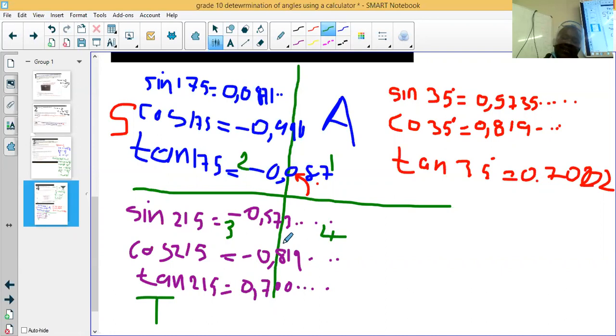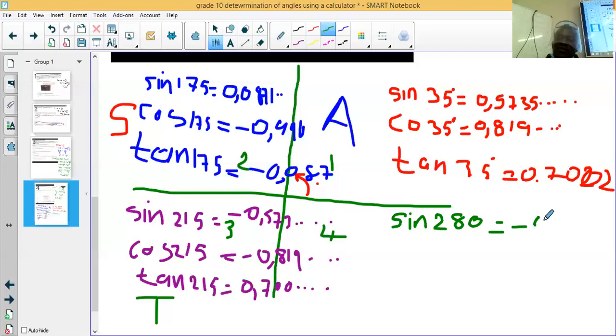I want an angle that is greater than 270, but less than 360. Okay, 280. Let us take, because 280 is also here. Let us say sine 280. What did you get?